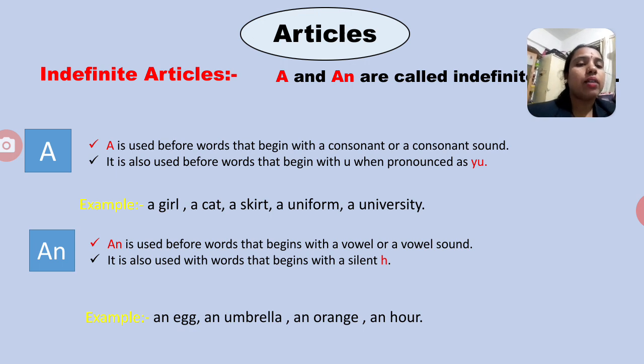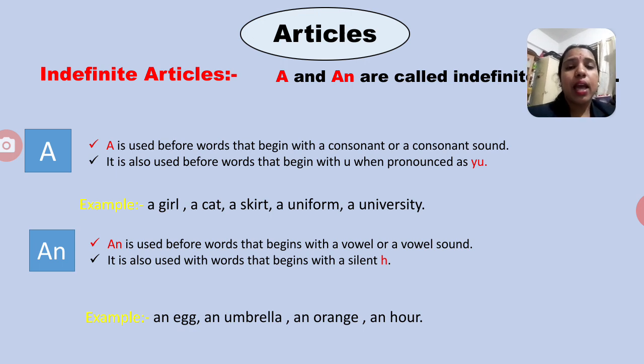Because I have given one example earlier, a university. University begins with U, but is pronounced as "yu". Understand? For example, a girl, a cat, a skirt, a uniform, and a university.